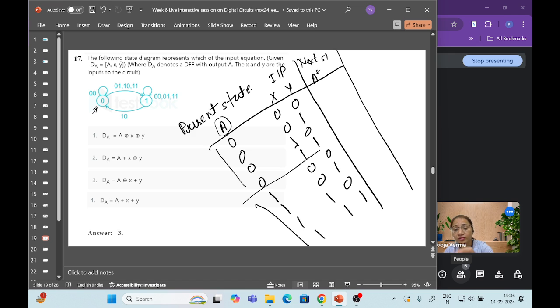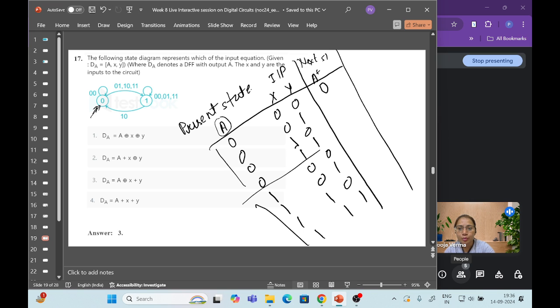Okay. So now if we are in the state 0, what will be the next state when the inputs are 0 0? It is in the same state, right? What is the next state of that? That is state 0, same state.